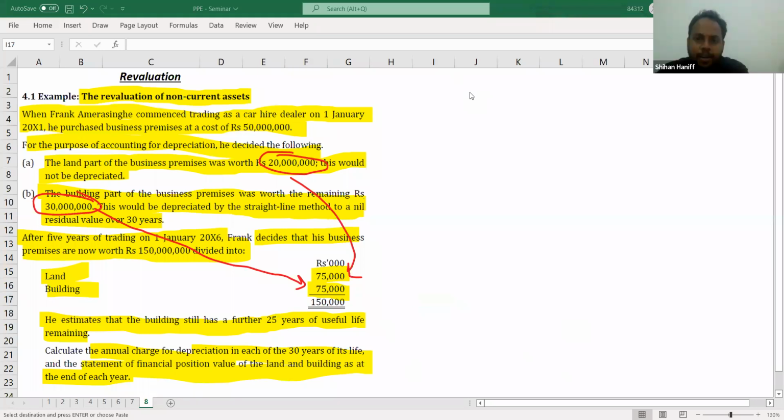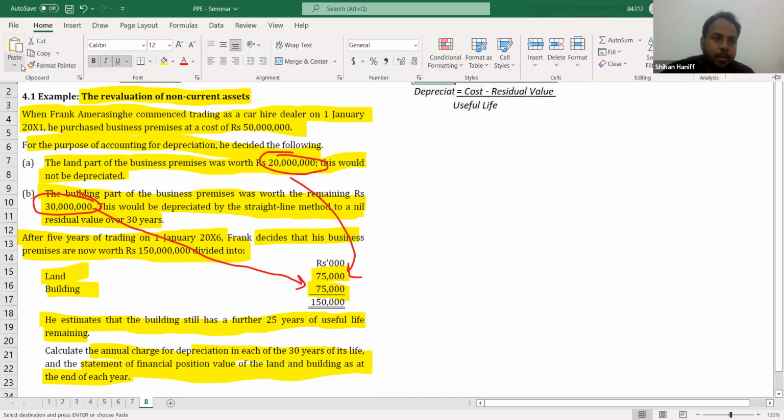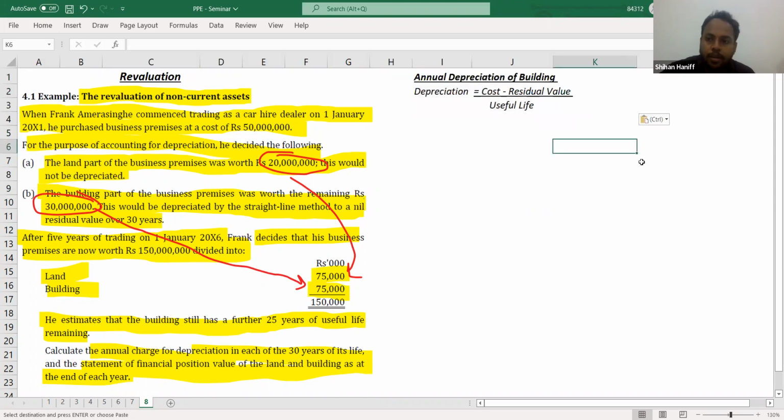Right. Did you all get any idea how to do this? First, I'll show you how to calculate annual depreciation. For annual depreciation, land we don't depreciate, okay? Only the building we should depreciate.